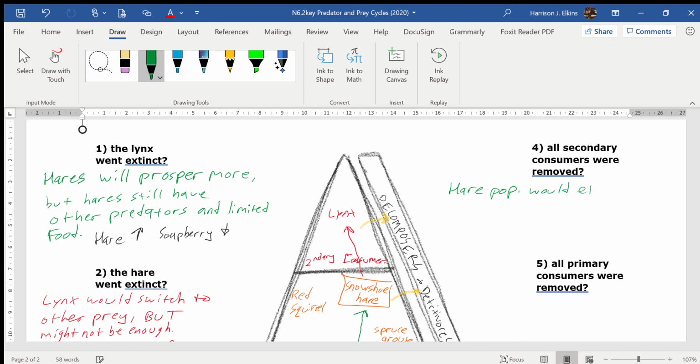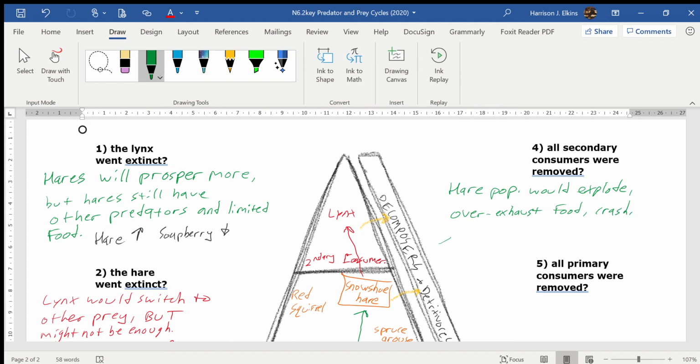And they wouldn't just increase a little bit, they'd increase a lot. They'd have nothing eating them. And what would happen is that they would actually overexhaust the food to a much more extreme degree than we normally see in nature. And so they would actually crash to a much more extreme degree.